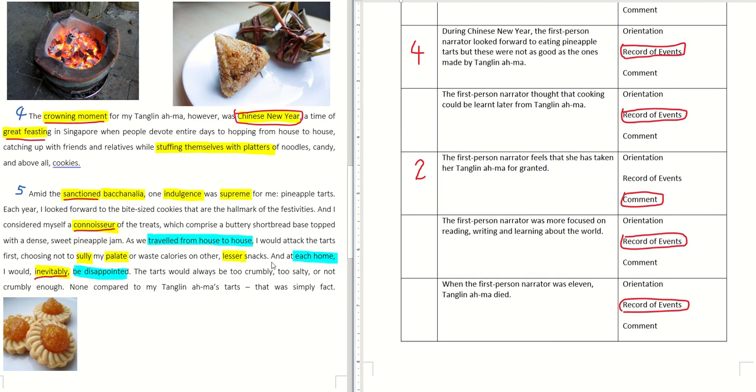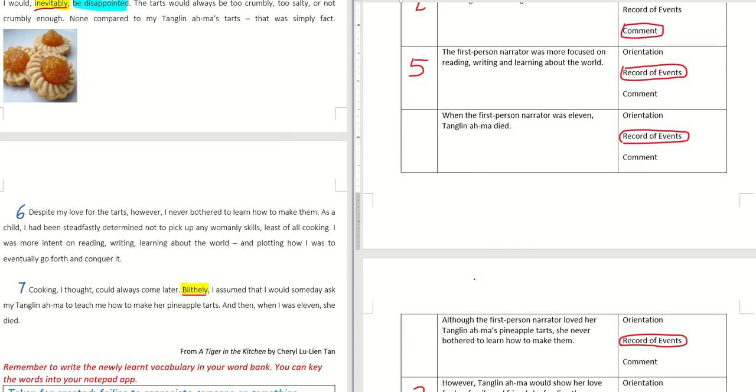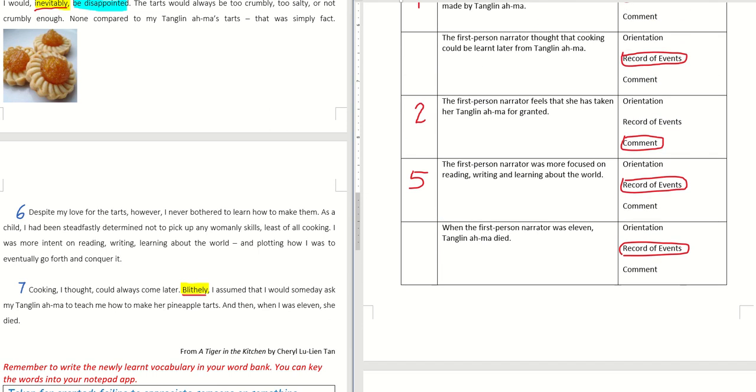And then what was she focused on? Okay, she focused on reading and learning about the world. Sorry, reading and learning about the world was much later.